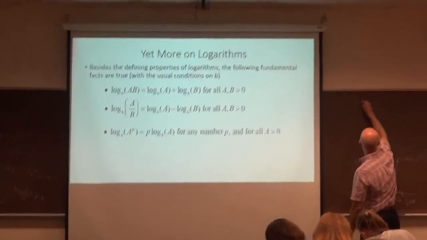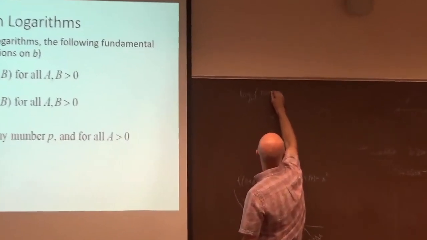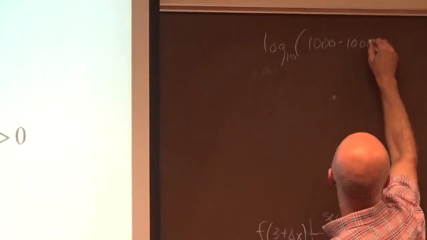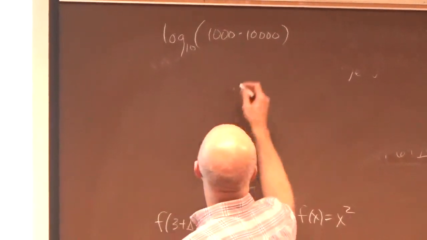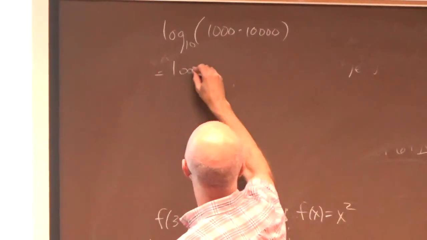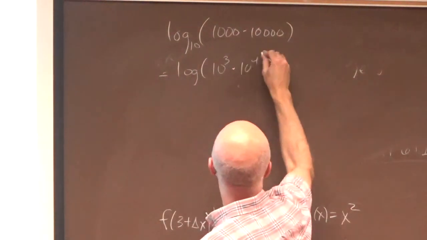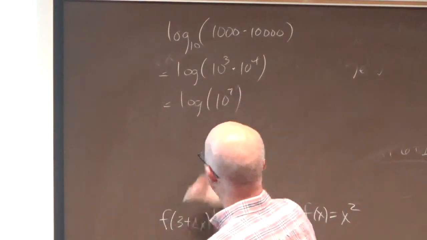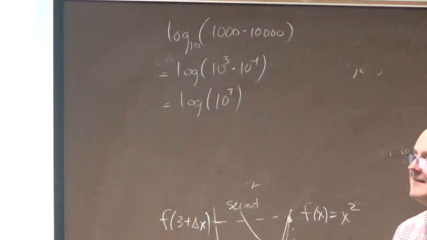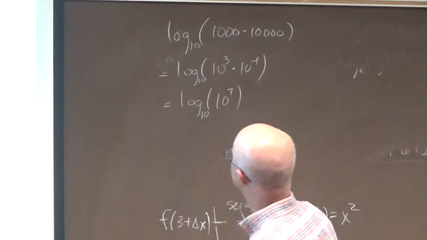Take log base 10 of 1,000 times 10,000. 1,000 times 10,000 is 10 to the third times 10 to the fourth, which is 10 to the seventh, 10 million. This is log base 10, common log.